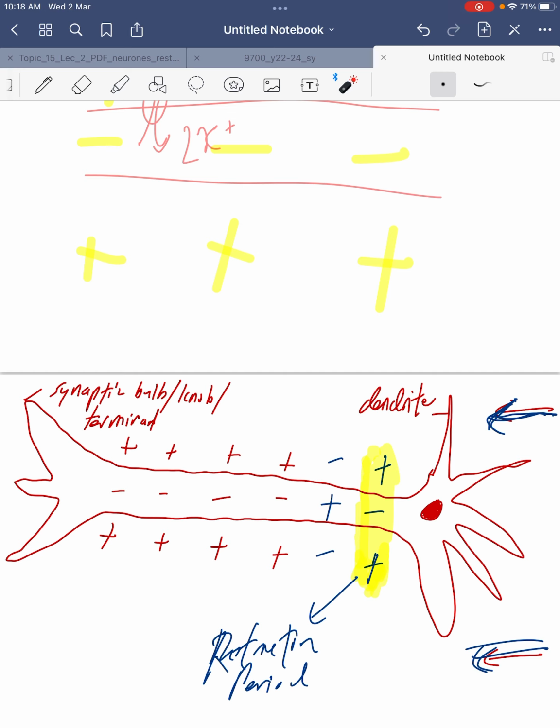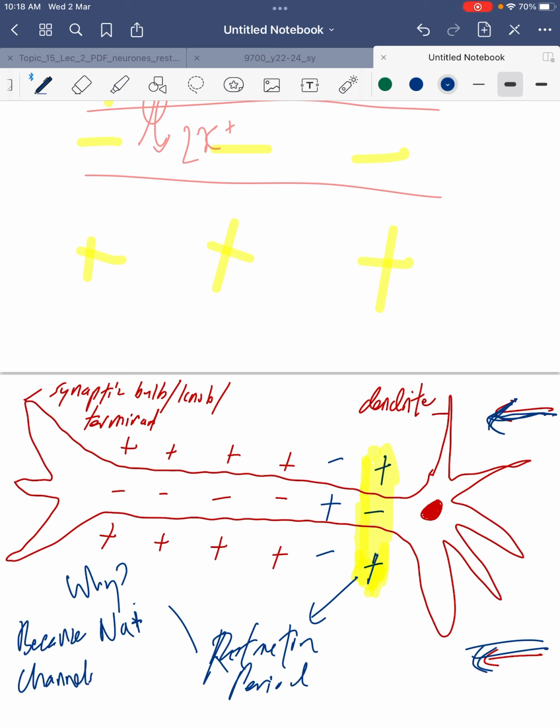So it actually limits. Now first of all, why can this not be made positive? Because the sodium channels cannot open.